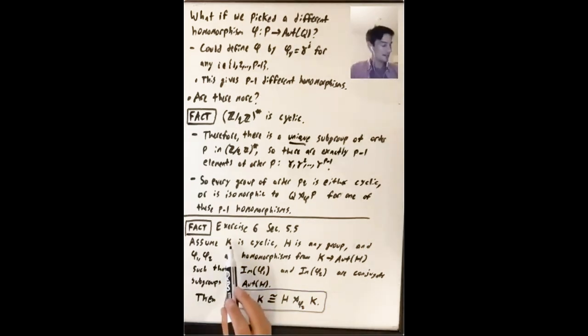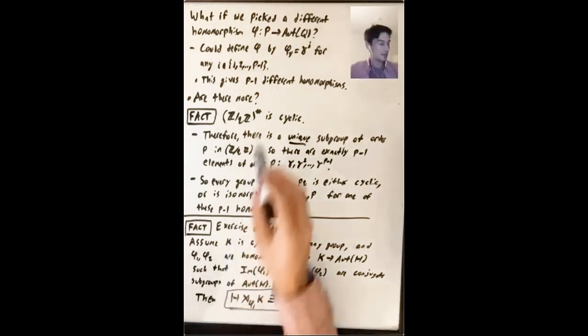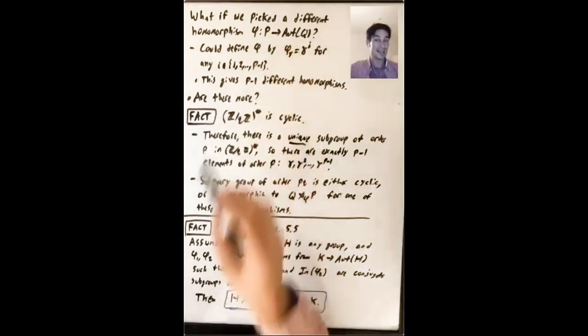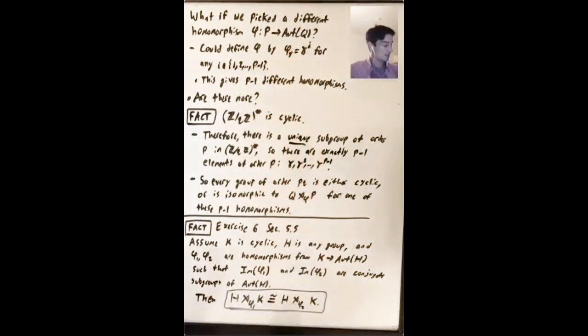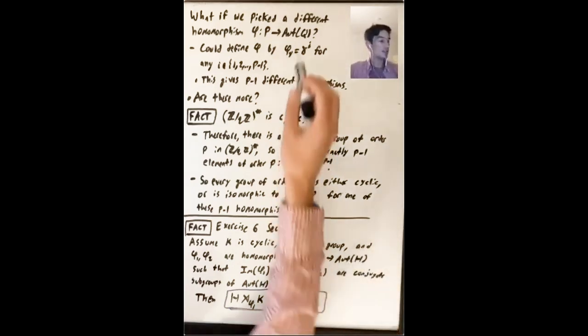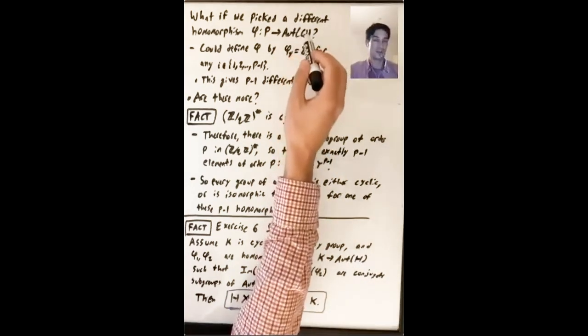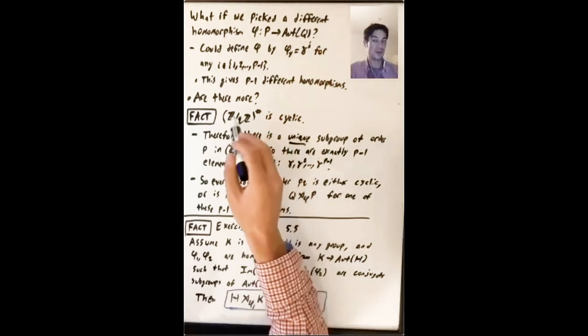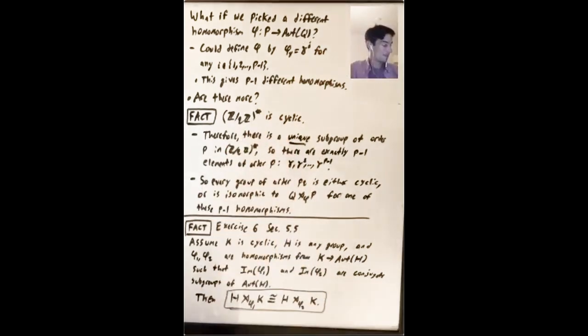In this case, K is equal to Z/pZ, this cyclic group. What do we know about the image of phi1 and the image of phi2? Well, they're subgroups of the automorphism group of H, which in this case is the automorphism group of Z/qZ, which is isomorphic to (Z/qZ)*.